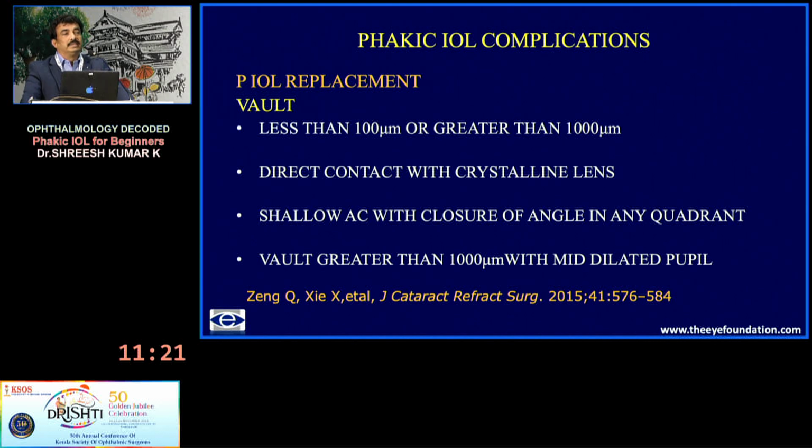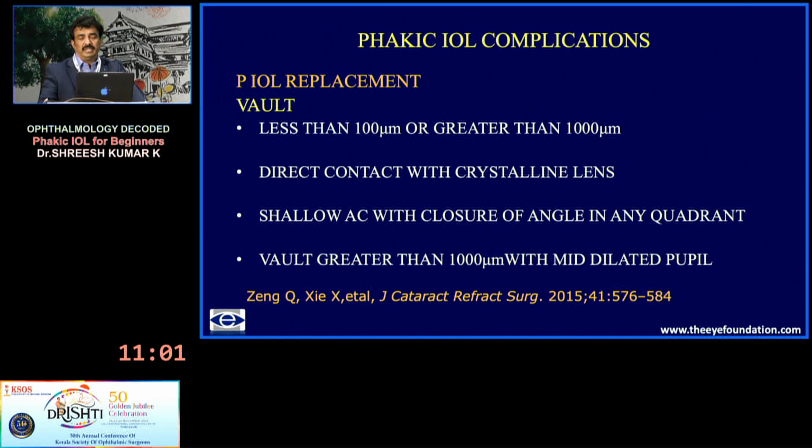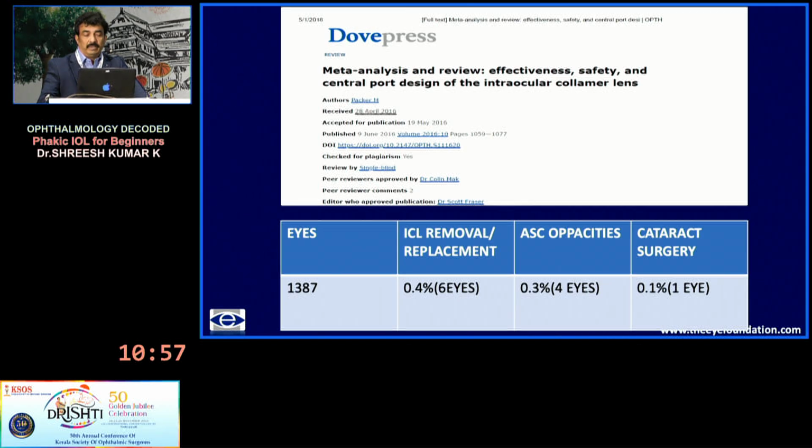And if the lens comes in direct contact with the crystalline lens, if there is a shallow AC with closure of angle in any quadrant, or if the vault is greater than 1000 microns with a mid-dilated pupil, and the patient is symptomatic, having a constant glare. So these are the conditions wherein we have to replace the posterior chamber phakic implant.